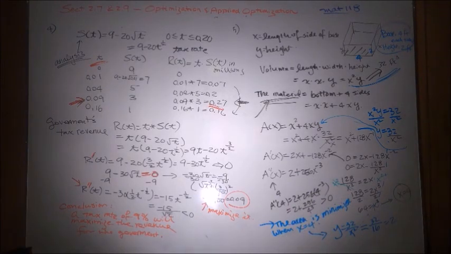That would be your answer. Right? Got some ideas? Think it over. Okay? So that would be these sections for 2.7 and 2.9.